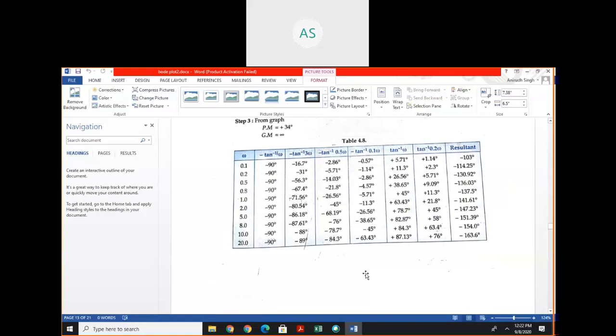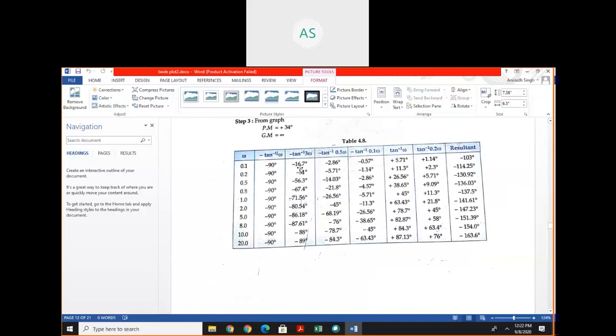And the phase plot is given by this table. When the value of omega is 0.1, this is the angle for the pole at origin.